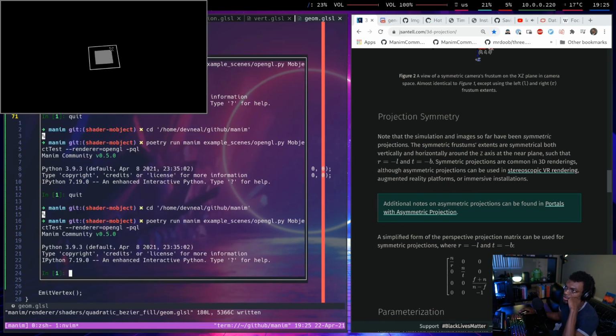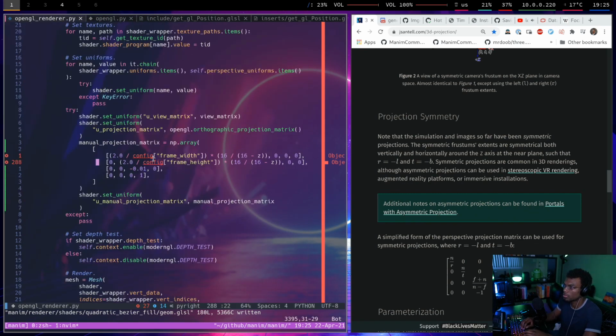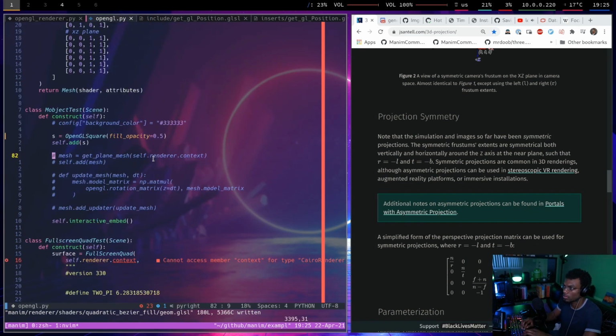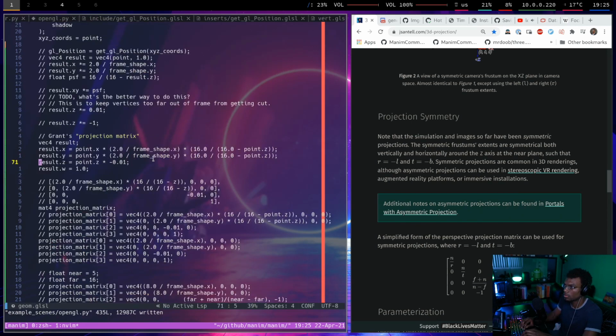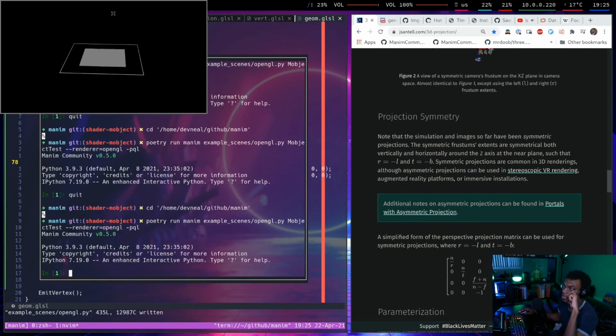Okay, so try this. Is this using perspective? And I think it is. Might be easier to tell if I had a bigger square. Yeah, this is definitely being affected by perspective.